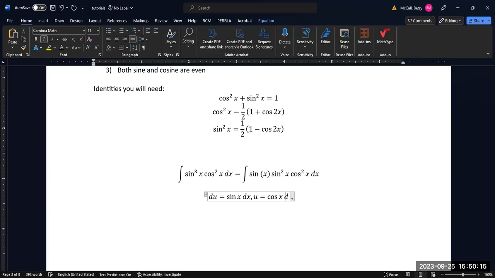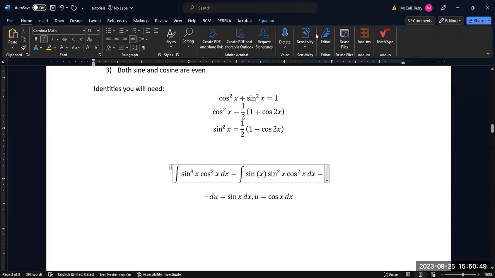Technically, of course, the derivative of cosine x is minus sine x, but I'm going to put the minus sign on the other side because I have just positive sine. This is how I'm going to choose my substitution, because I can convert my even powers of sines to cosine using my Pythagorean identity. So that's what we're going to do next.